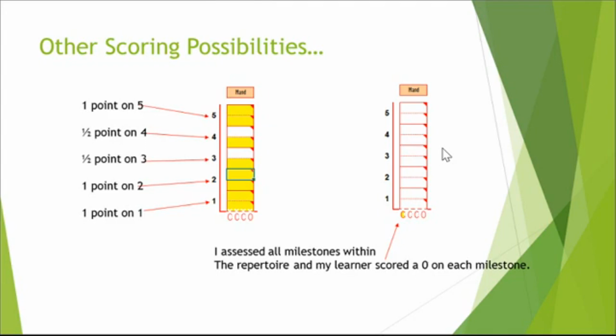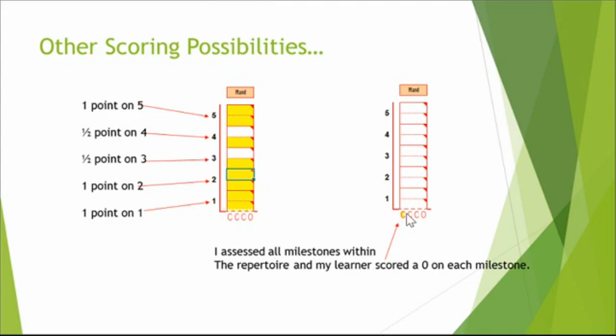And then TO stands for timed observation. So you must obtain this data by completing a timed observation of your learner, and generally that will correlate with some sort of a goal. So spontaneously mands for 10 different items must be assessed via timed observation for 60 minutes.